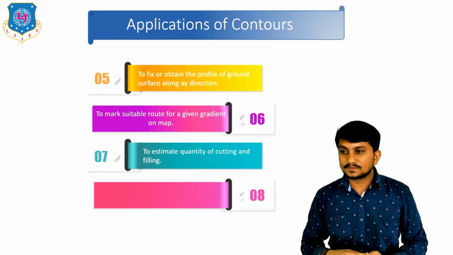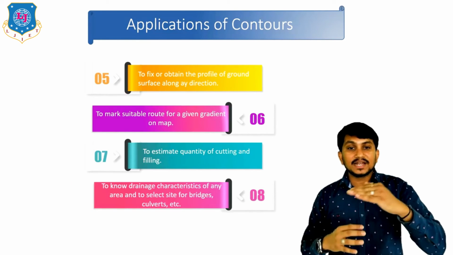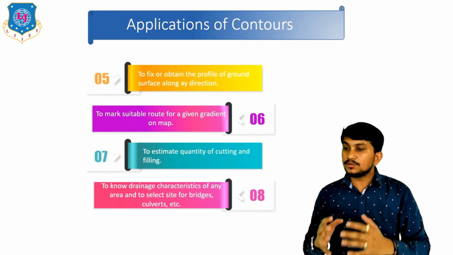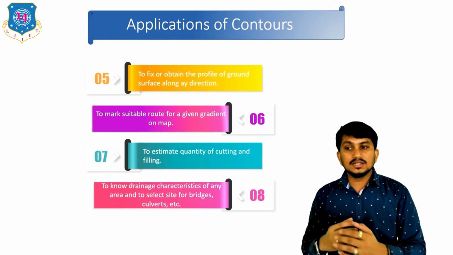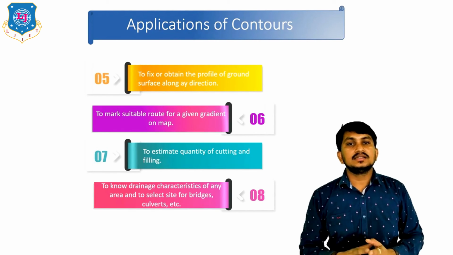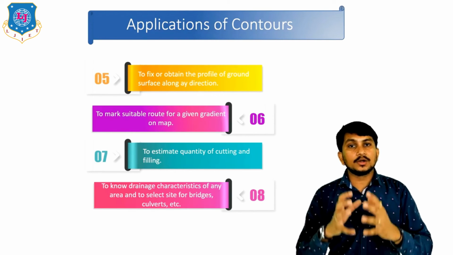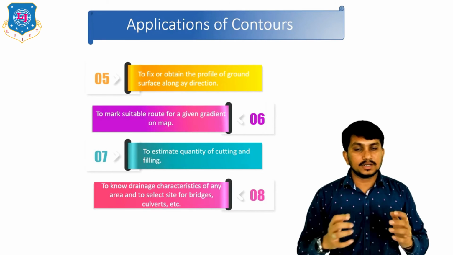And the last is to know drainage characteristics of any area and to select the sites for bridges, culverts, tunnels, etc. This is where contour maps are used nowadays.